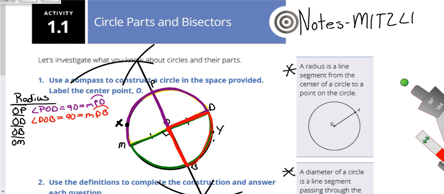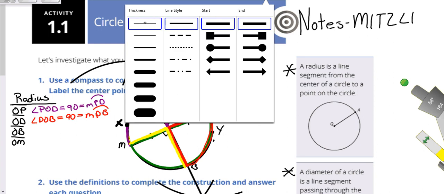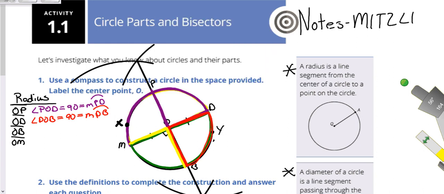And then we just keep working around. We have this central angle right here. That has angle BOM, which is also equal to 90 degrees, which has an arc of BM.